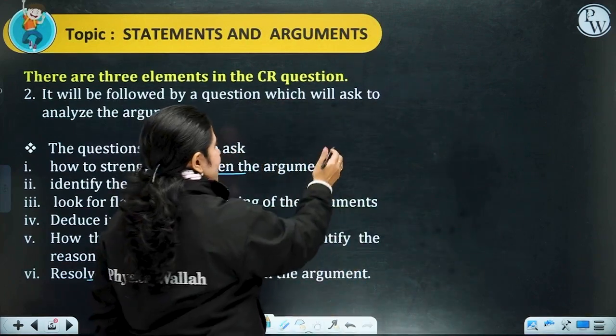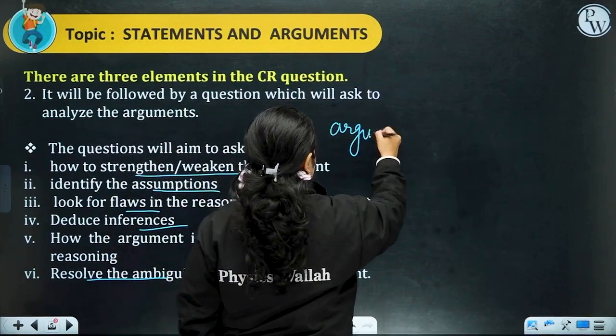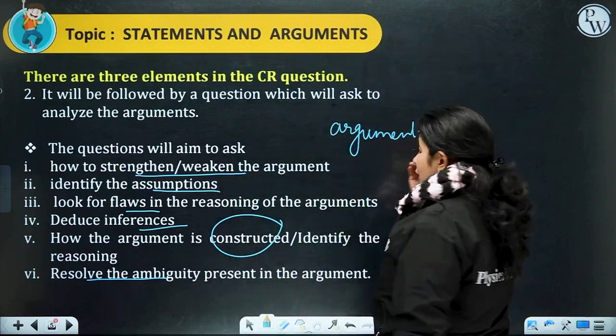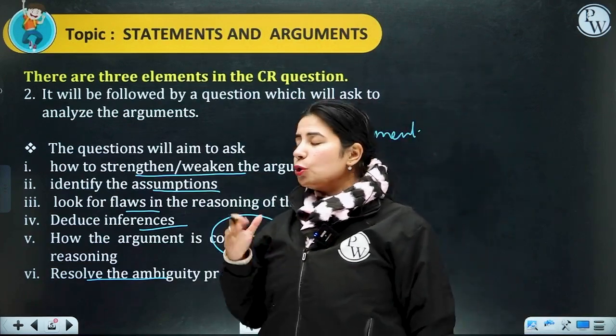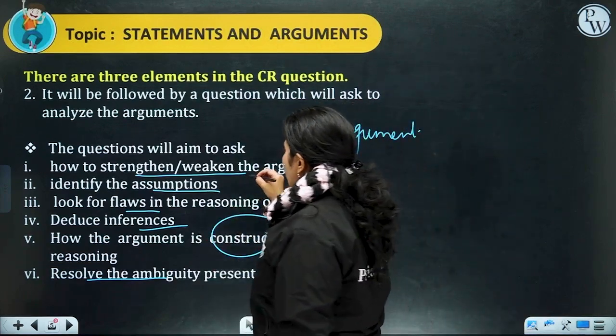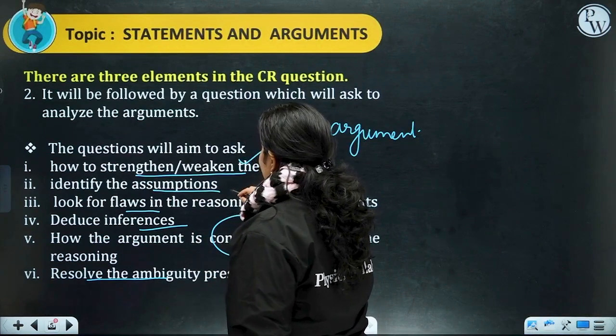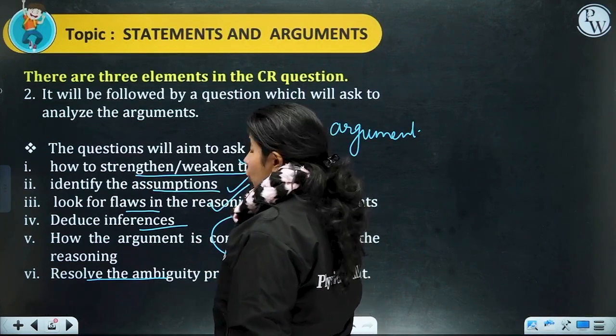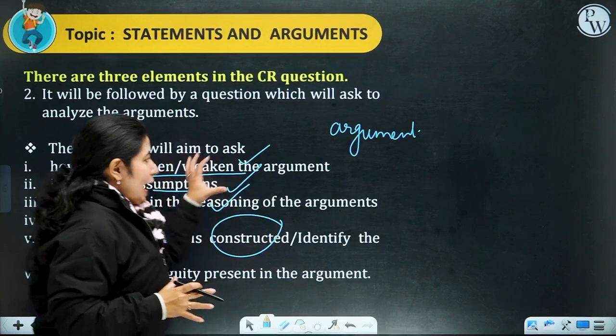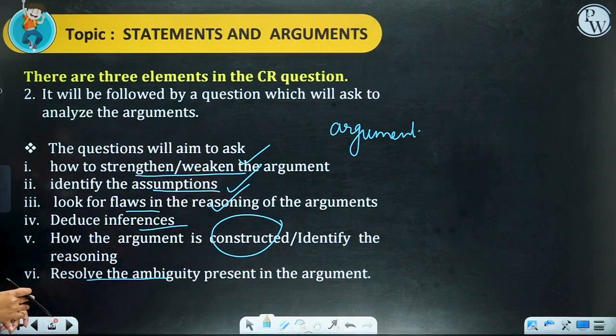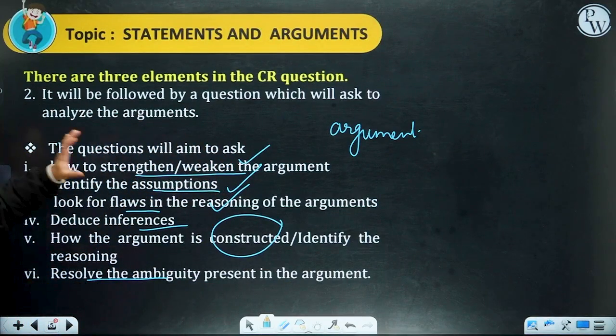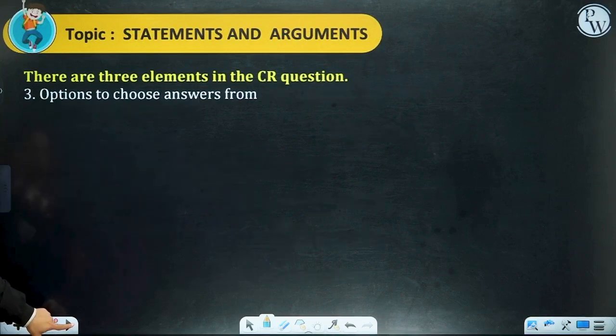But if you understand the argument rightly, and if you understand what the components of an argument are, you are very easily able to get a great hold on strengthening, weakening, assumption, and flaw questions, right? Which is actually the dominated area in the critical reasoning segment. So we are going to focus our energies rightly on the argument, right?